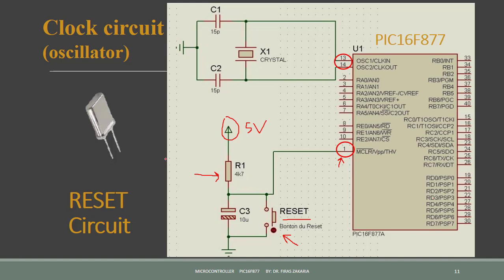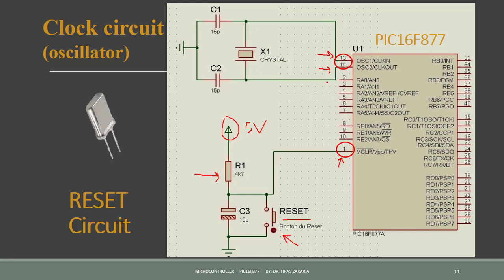Another circuit is needed for the microcontroller. This PIC doesn't have an internal oscillator, and so it needs an external one. A crystal resonator could be connected between pin 13 and pin 14 to provide an external clock to the microcontroller.